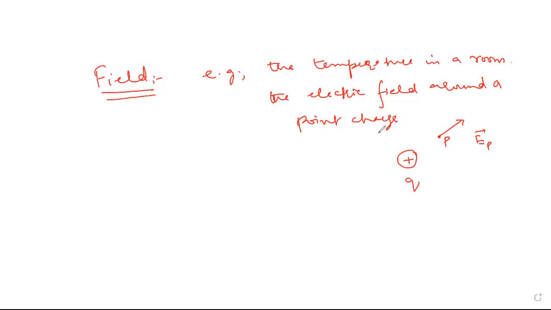For example, in case of temperature, if you are interested in the field within a room, then within that space, temperature is a physical quantity which has value at every point. Similarly, if you are interested in the electric field surrounding some charge, the space surrounding the charge has an electric field at every point.